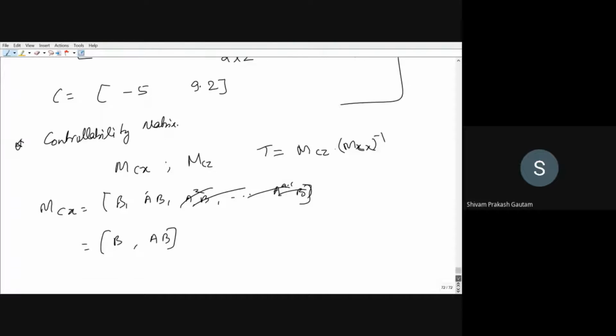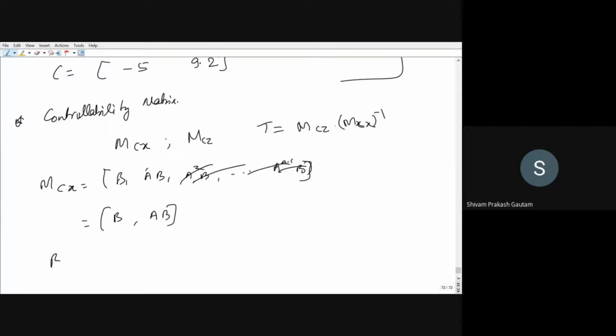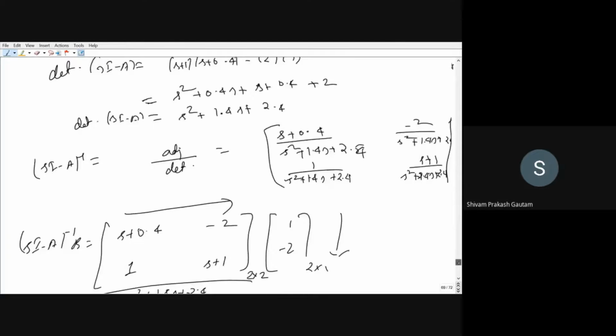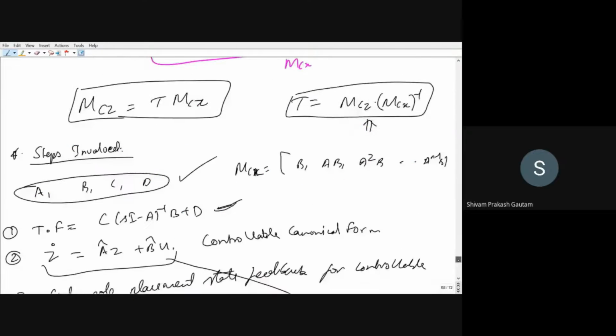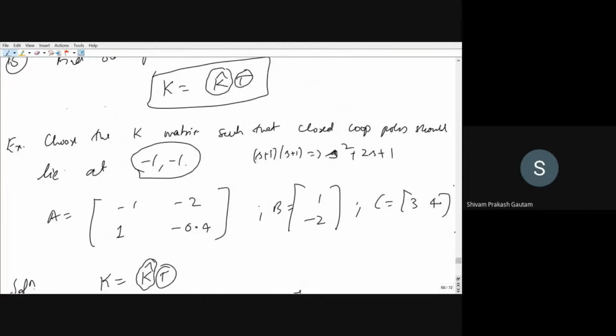So B matrix is provided to you. B matrix is given in the problem, if you can see: B matrix is 1 and minus 2.